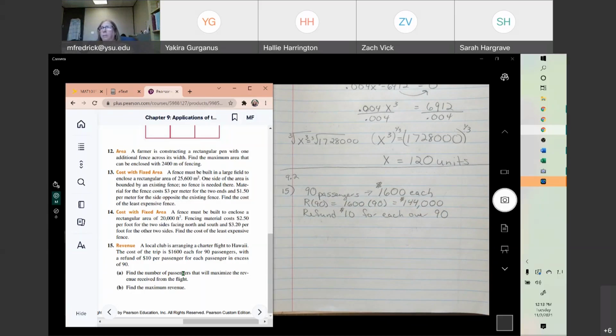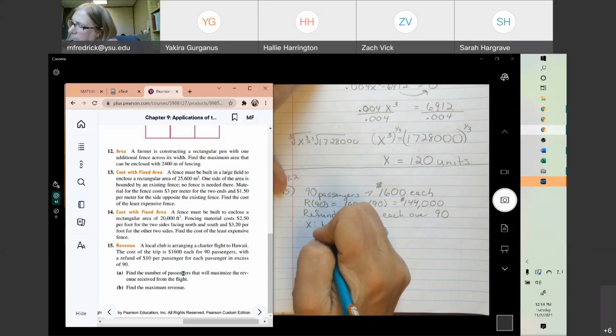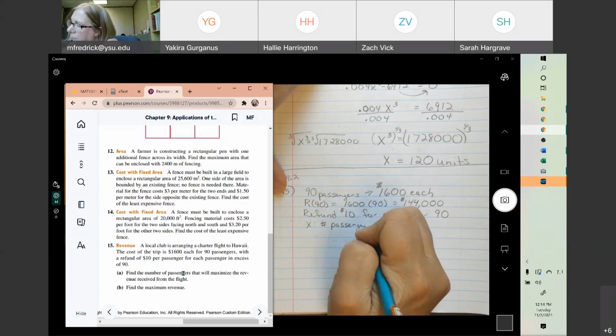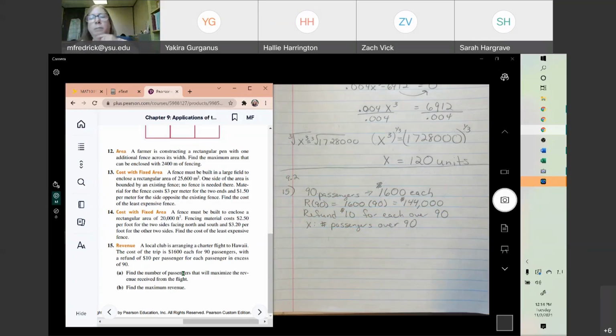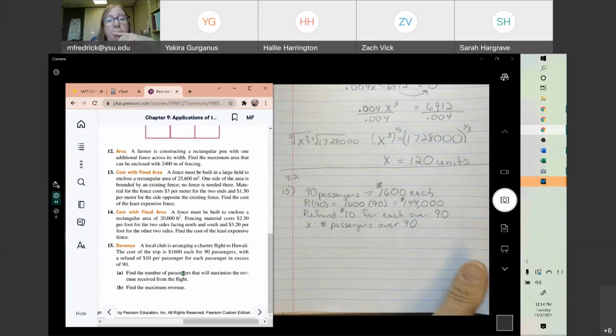When you let it be the number of passengers over 90, your equation's a little bit easier for revenue. Because if it's total passengers, then you have to subtract it from 90. And I think it's a more complicated problem than if you let it be the number of passengers over 90.